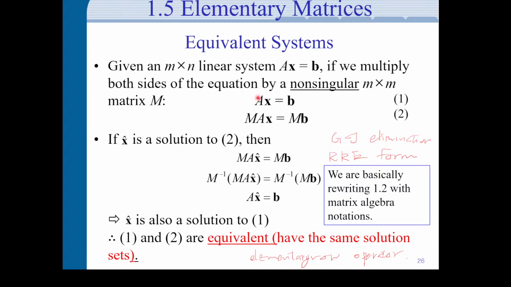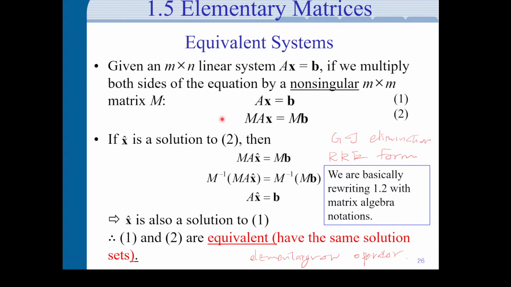So if we want to say those two systems are equivalent, we need to prove two things. First, we need to prove a solution to 1 is also a solution to 2. A solution to 1 means there is some x such that, since we already fixed A and B, AX equals B, then that x will satisfy MAX equal to MB.